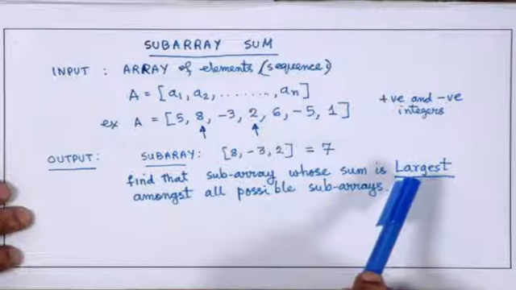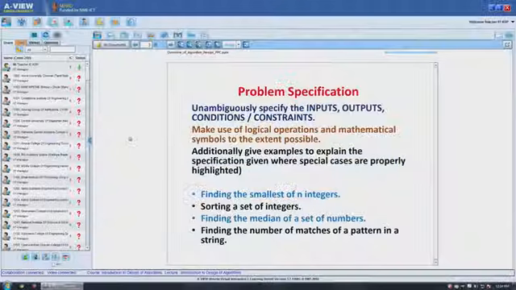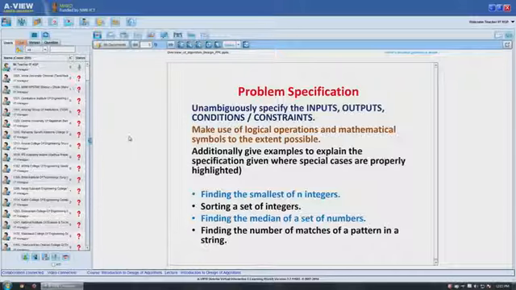Similarly, when we come to any specification, you must try and specify the problem in a clear, unambiguous manner, and the most important thing when you specify, you give an example. You give an example to explain the specification, especially when you have got multiple cases. For example, if you are finding the maximum of n numbers and you want to consider both positive and negative numbers, then your example should contain positive and negative numbers.